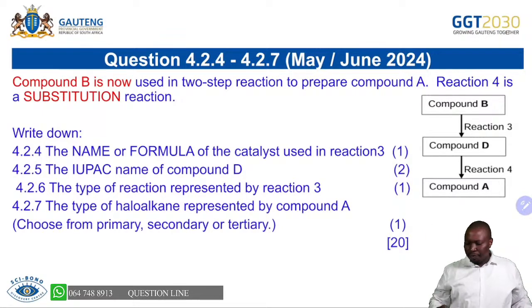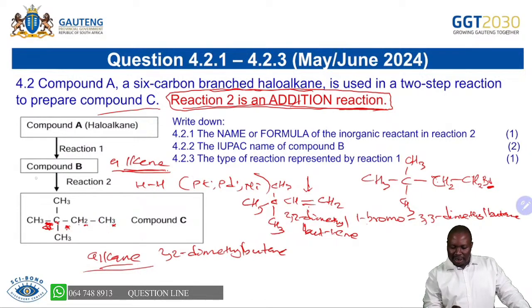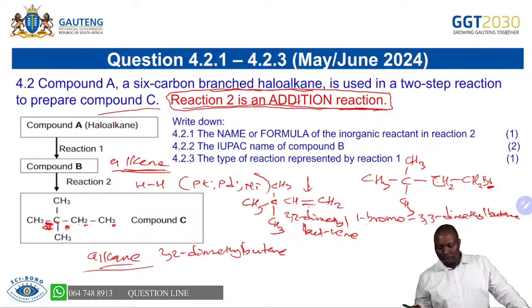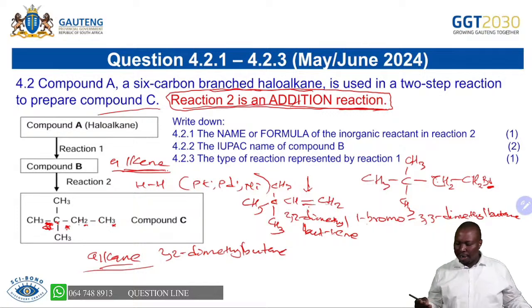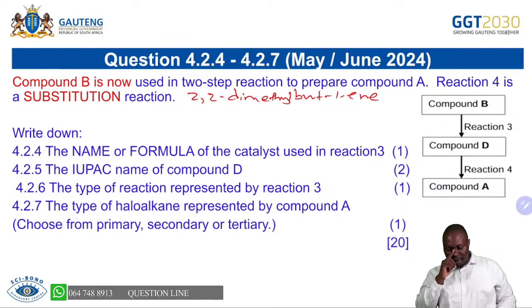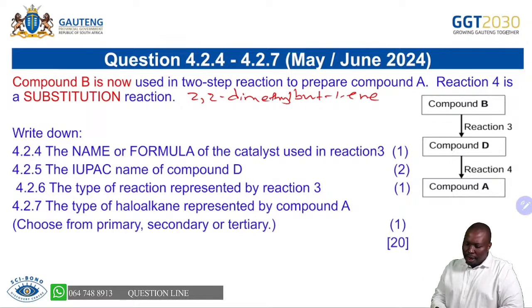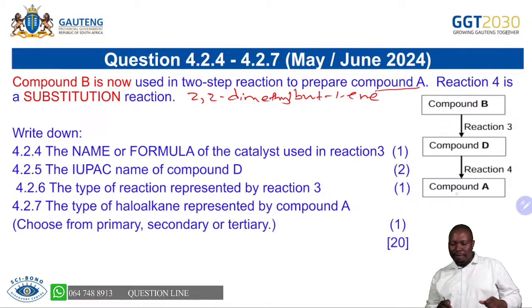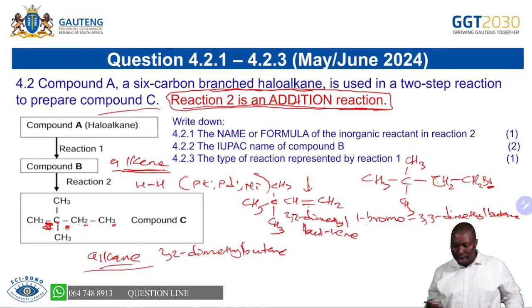Now, compound B, don't forget from the previous question, we said compound B was an alkene, which is now 2,2-dimethylbut-1-ene. Let me write it here. That is the one that we are moving with. So they're saying compound B, our alkene, is used in a two-step reaction to prepare compound A. So they want us to form compound A using compound B. Remember, compound A was a haloalkane.